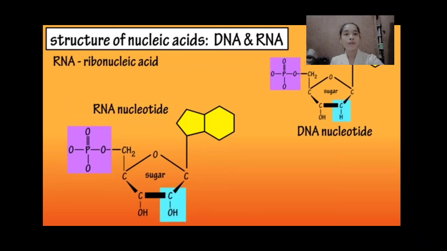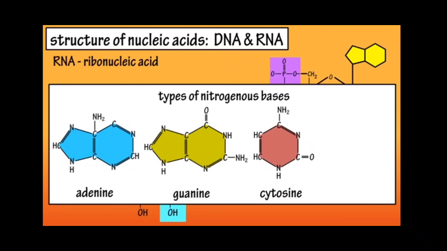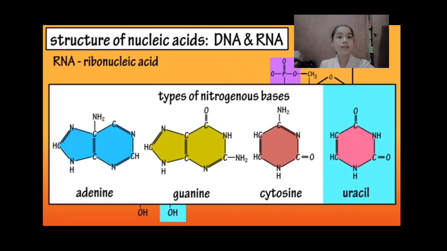They have a 5 carbon sugar but the number 2 carbon is bonded to a hydroxyl OH group instead of a lone hydrogen atom, and this sugar is called ribose. It also consists of the 3 same nitrogenous bases as DNA: cytosine, adenine, and guanine. But it does not contain thymine.